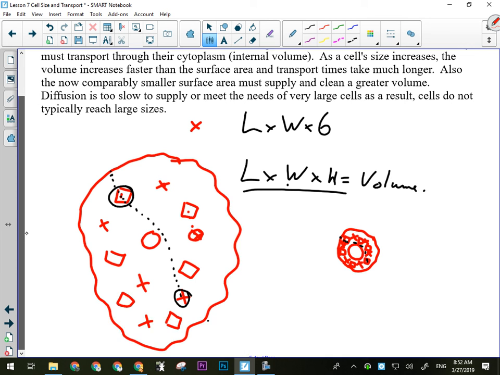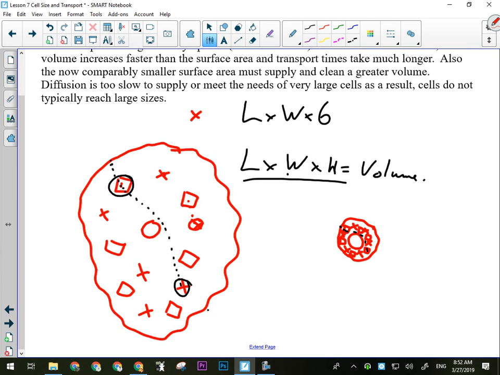So what we're looking at here is, let's say that this small cell here represents a small town like Okotoks. In worst traffic conditions, it takes like 15 minutes to get from one side of Okotoks to the other. So Okotoks represents a small cell. Calgary represents a very large cell.